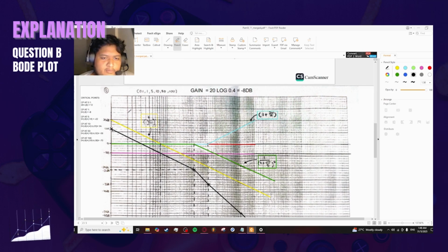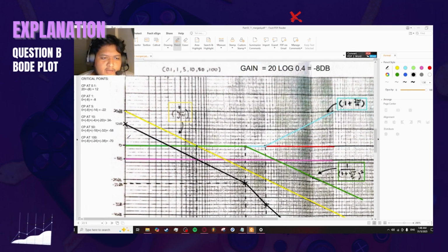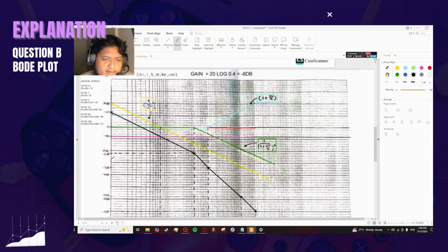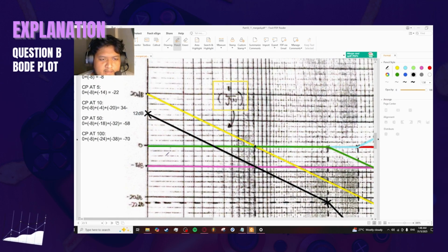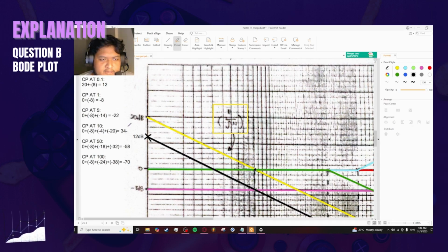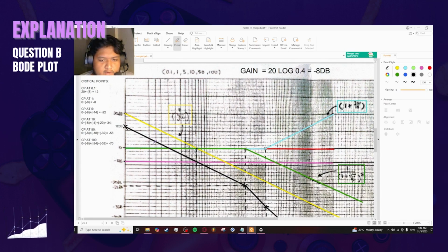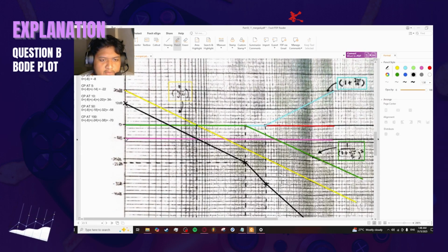So for the critical point at 0.1, you need to calculate it by looking at this as a straight line here. Count where the line intersects. If you can see here, it is 20. The value 20 comes from here, because it's intersecting with the 0.1 value.